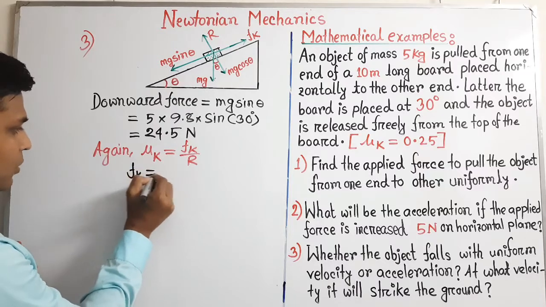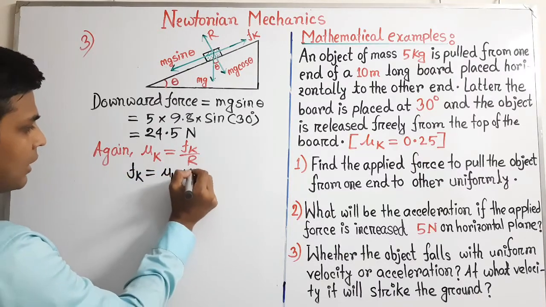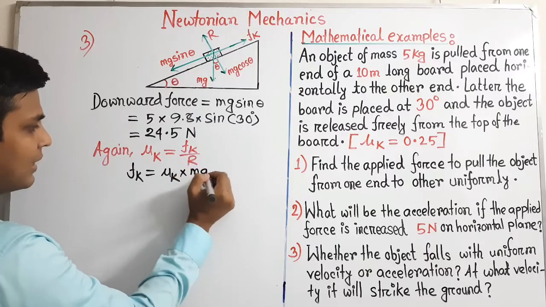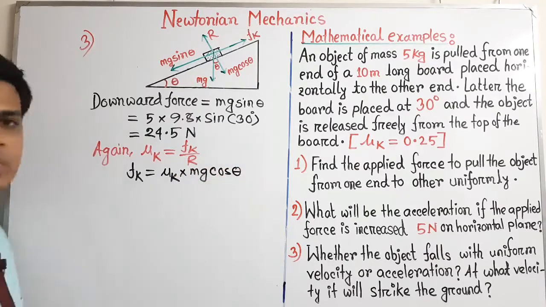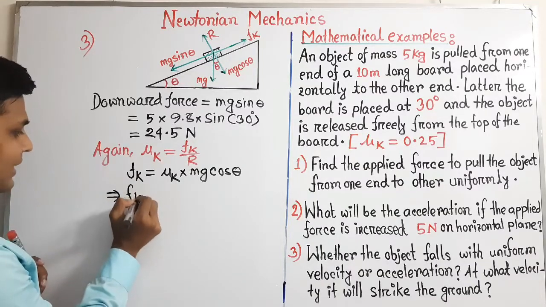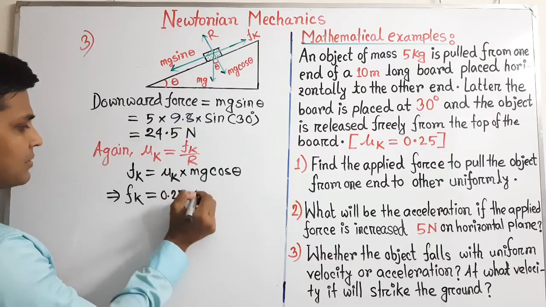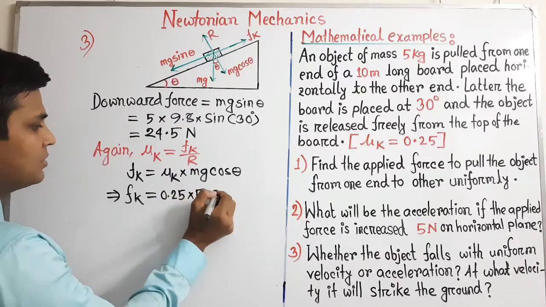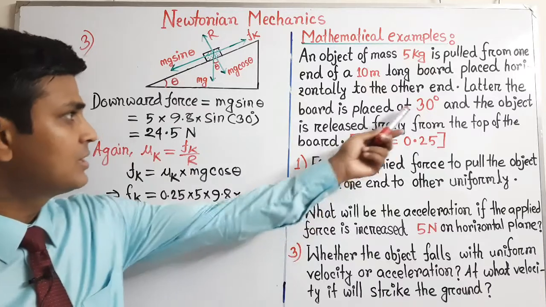Fk equals mu k times mg cos theta. Now let's put the values. Fk equals mu k, which is 0.25, mass is here 5 kg, g is 9.8, and theta is given as 30 degree.